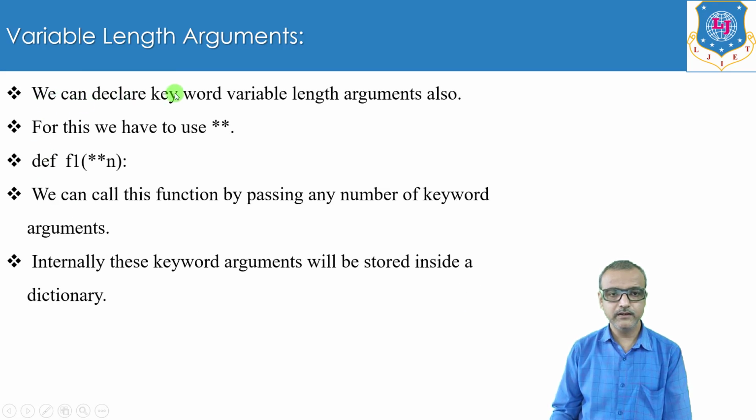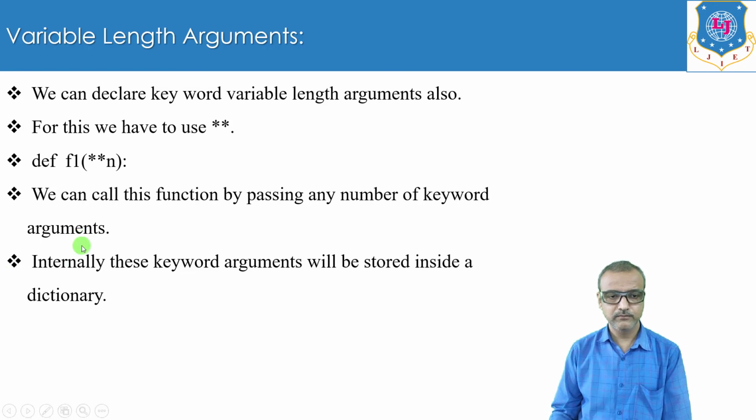We can declare a keyword variable length argument also. For this purpose, what do we have to do? For this we have to use double star. def f1(**kwargs) and then a colon. We can call this function by passing any number of keyword arguments. How? I will make you understand with the help of an example.